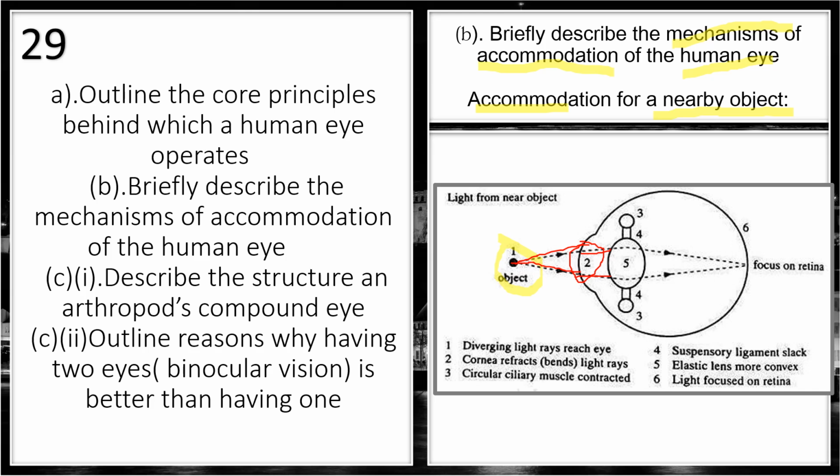And then we have the ciliary body. The ciliary muscles will contract. These cause the suspensory ligament to slacken. When the suspensory ligament slackens, the lens becomes more convex. When the lens becomes more convex, the light rays are focused onto the retina.